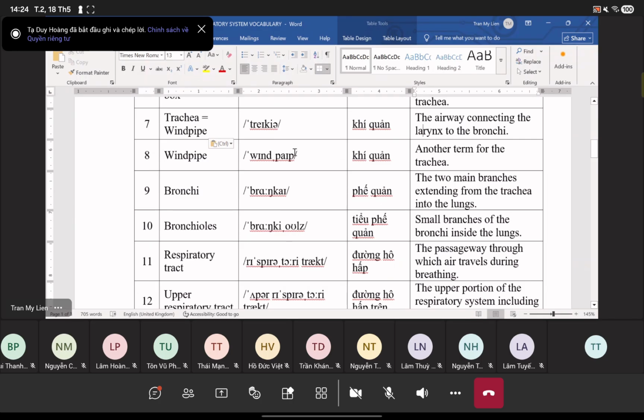Bronchi: two main branches extending from the trachea into the lungs. Bronchioles: smaller branches of the bronchi inside the lungs.